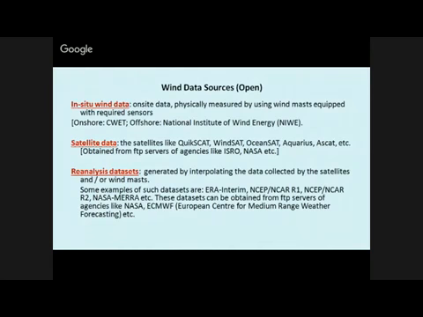Now, at every point you cannot measure the data, because it is highly expensive and a lot of investment is required. So satellite data play a very important role. Satellites like QuikSCAT, WindSat, OceanSat, Aquarius, and various other agencies, ISRO and NASA, measure for the complete Earth, and in our country, almost each and every grid, each and every place has data.